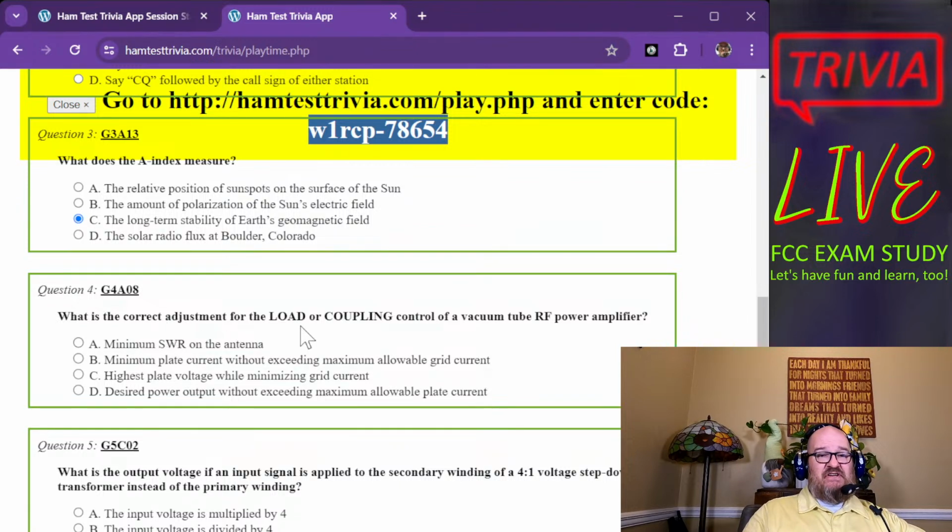So the correct adjustment for the load or coupling is minimum plate current without exceeding the maximum allowable grid current. Let's see, plate current, minimum. No. See, the thing about tubes is you want the desired power output, but you do not want a glowing plate. So I'm going to say D on this one.